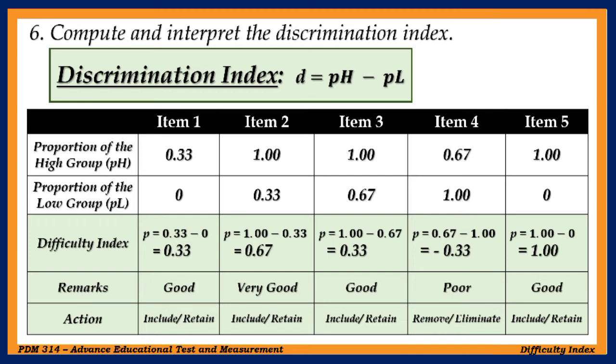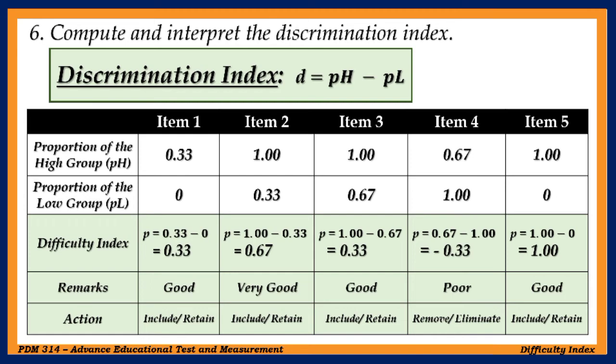For item number 3, the discrimination index is 1 minus 0.67 equals 0.33, which is a good item and must also be included or retained. For item number 4, the discrimination index is 0.67 minus 1 is equal to negative 0.33.